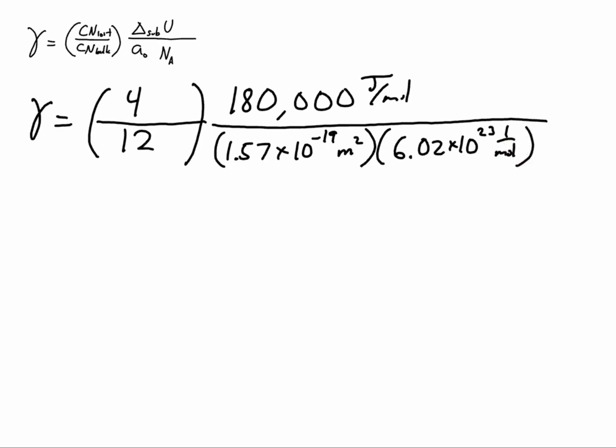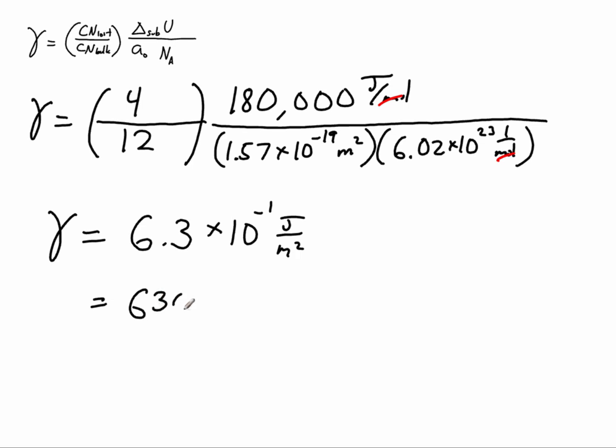All right, so we can see that our per moles are going to cancel, and we're left with joules per meter squared, which of course is going to give us a surface energy. So we get 6.3 times 10 to the negative 1 joules per meter squared, or typically we put this in millijoules. So 630 millijoules per meter squared.